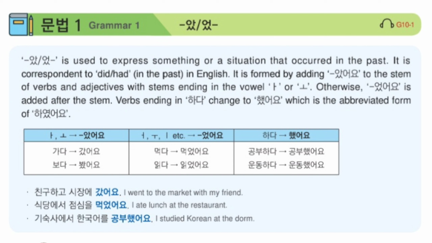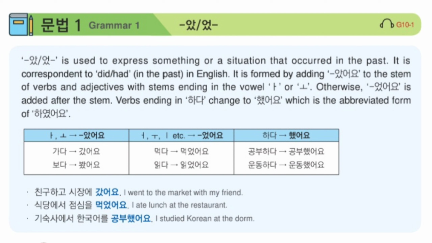And then there's the special verb 하다. If you want to say made or did something, what do you need to add? 했어요. If you can get this, you're doing great. Let's read the past verbs below. In other words, 았, 었 is used to express something or a situation that occurred in the past.